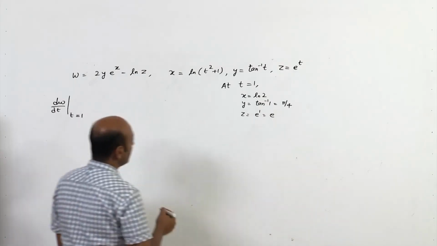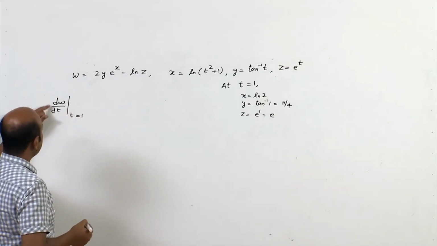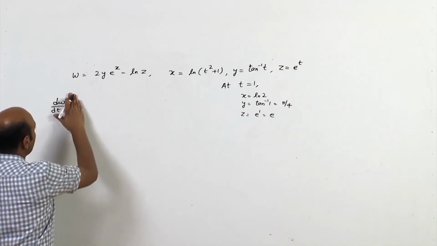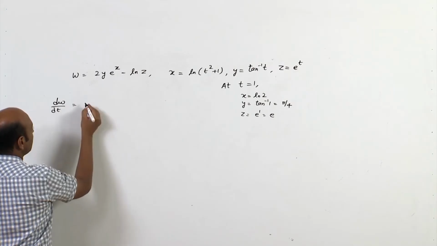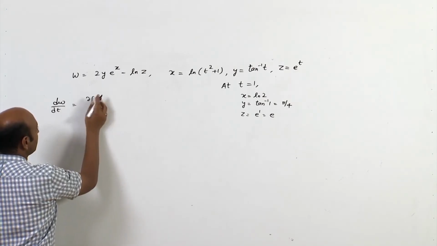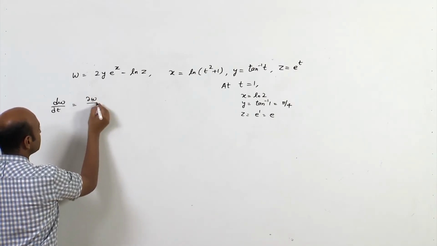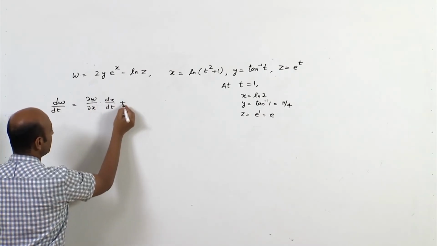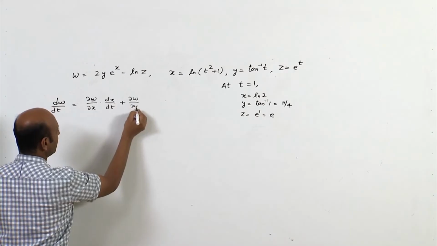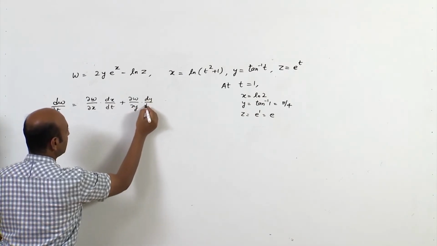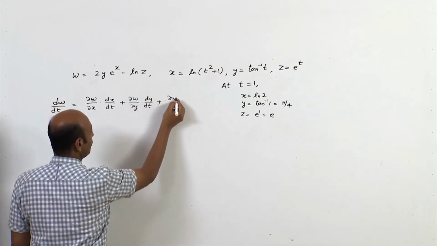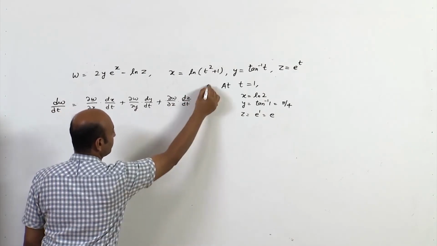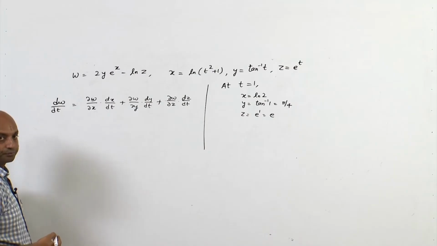Now, first you write dw by dt, then we will find it at t equal to 1. It is del w by del x into dx by dt plus del w by del y into dy by dt plus del w by del z into dz by dt. This is simply by the chain rule.